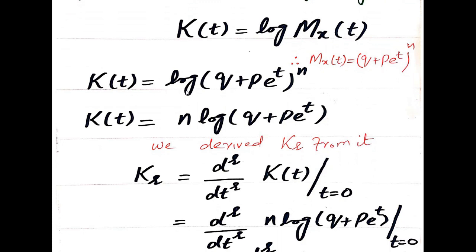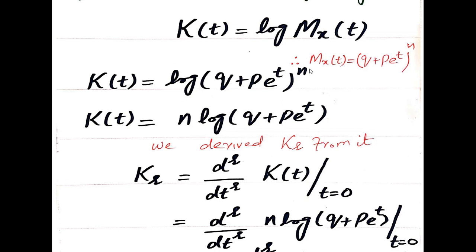K(t) is equal to log of (q + pe^t)^n. Here, due to this power, we use the power rule for logarithm.